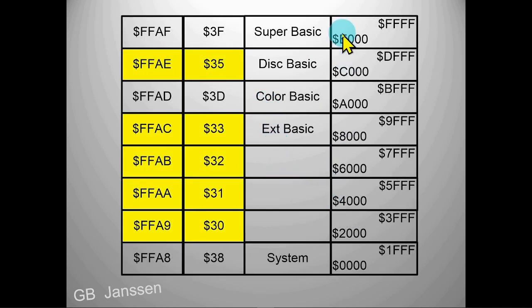You can see everything on the left is the same. The gray ones down at the bottom, the normal 0 to 1FFF, is the same, but it's also going to be in MMU register A8. Also, you notice up here where Color BASIC is, FFAD in 3D, and Super BASIC is still in the same place.